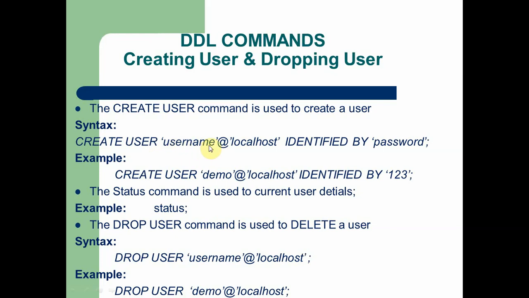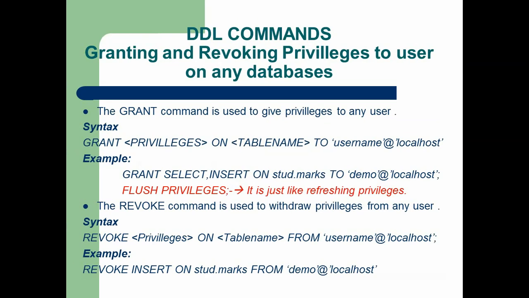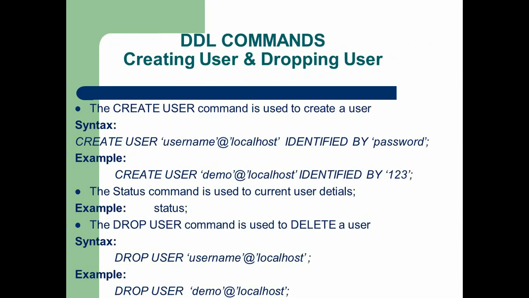Here you specify the username at localhost. Localhost means you specify the server system's IP address if you are in networking. If you are using MySQL in networking, then you should use the server IP address here. If you are using MySQL in your own system, in a standalone system, then you can use localhost.